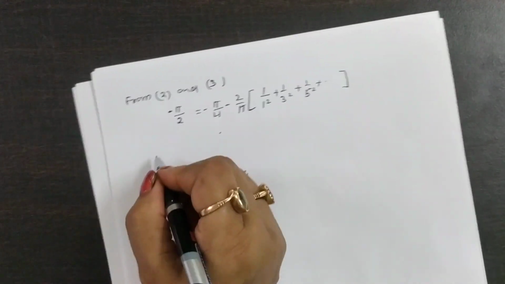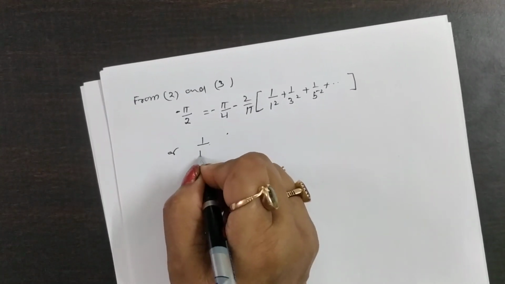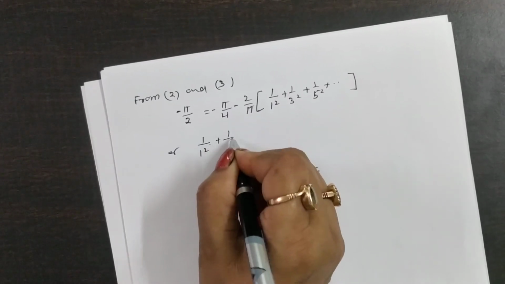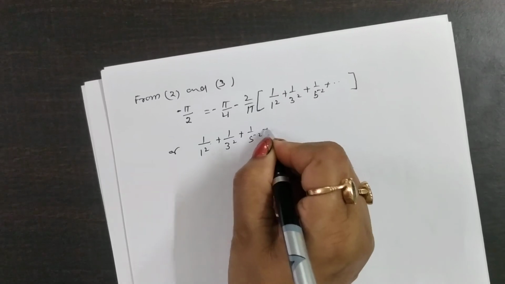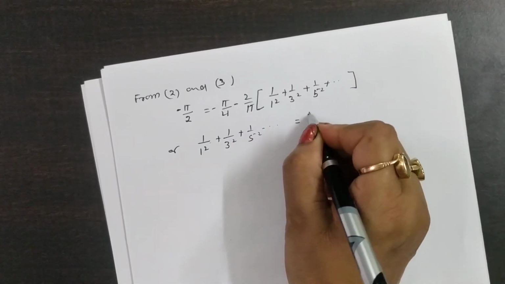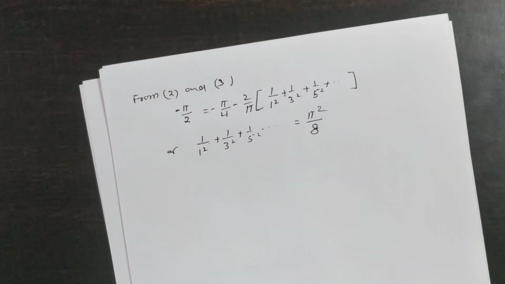Solving this equation, we get 1 by 1 square plus 1 by 3 square plus 1 by 5 square equal to pi square by 8, which is the solution.